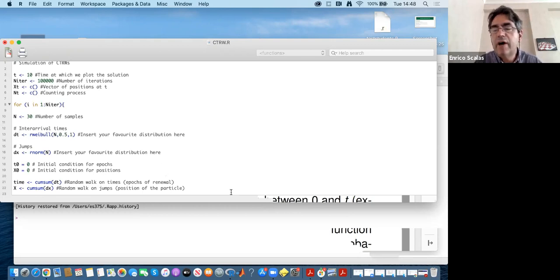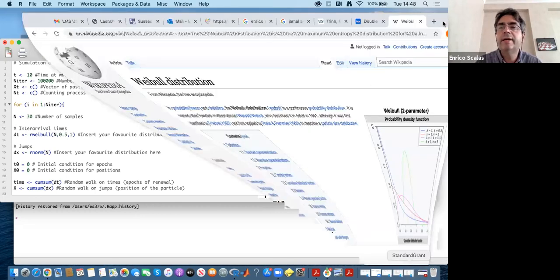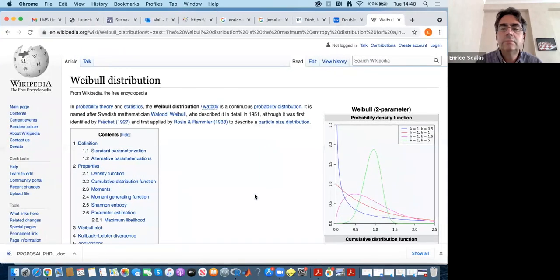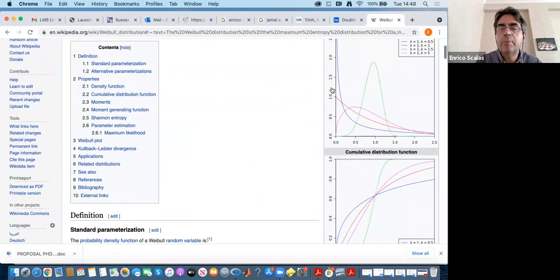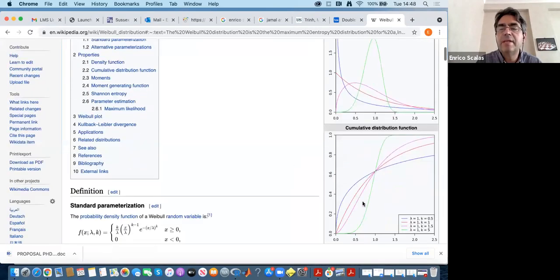But what is the variable? I have used the Wikipedia page, and this is the probability density function of a Weibull distribution. You see, this is a positive random variable, and a probability density function.